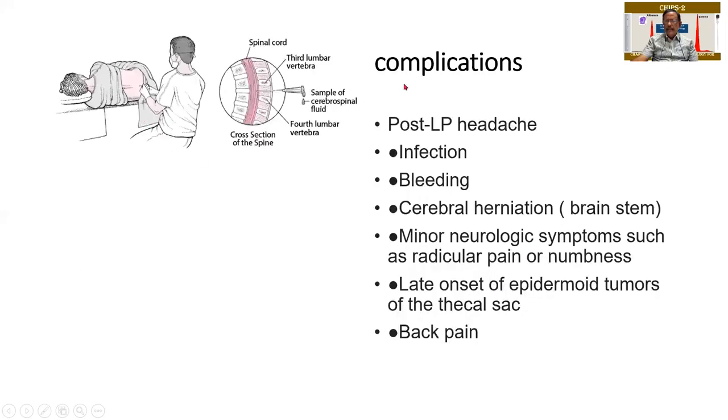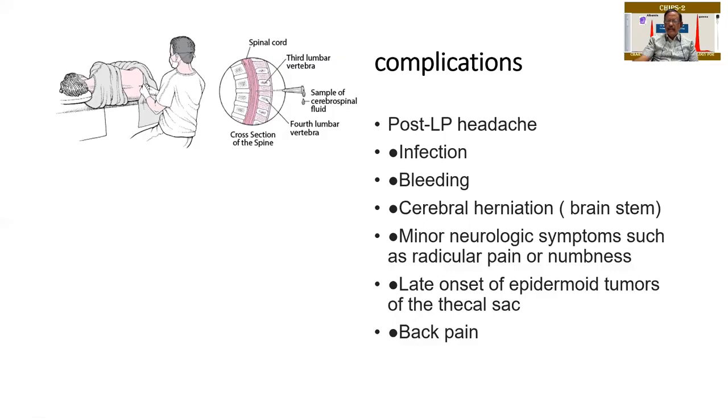Sometimes there can be complications because of CSF. One of the complications is infection. That is why, just like bone marrow, it is done under very sterile aseptic precautions. Bleeding can be present. Cerebral herniation, there also the amount of fluid that you take must be limited. Otherwise, you find that the medulla oblongata can come into the foramen magnum and cause an obstruction.